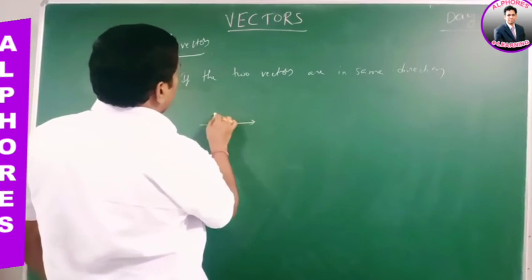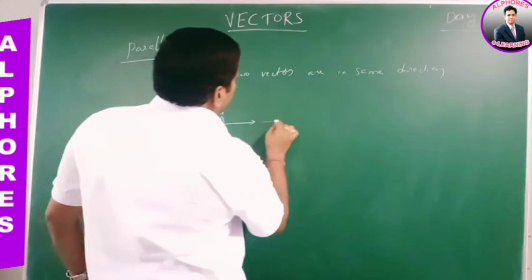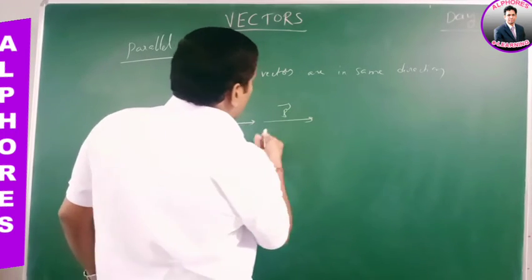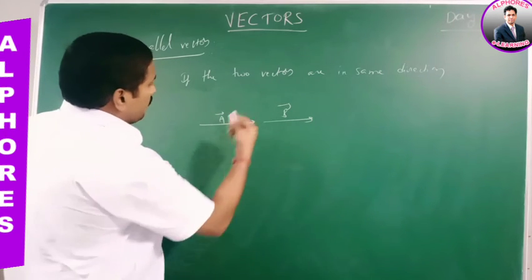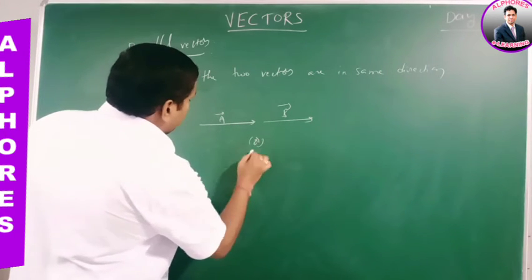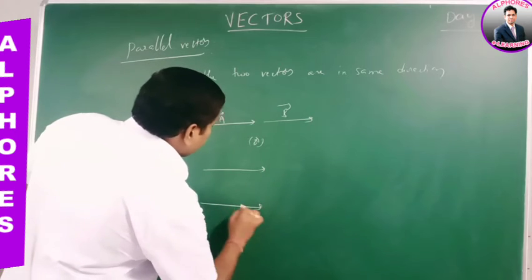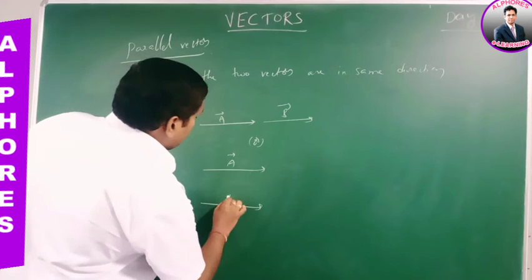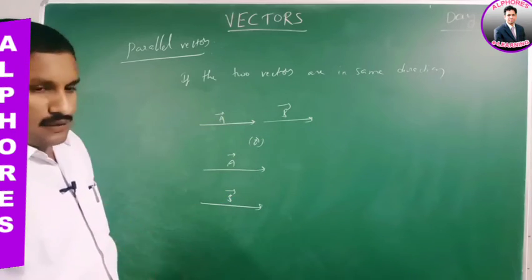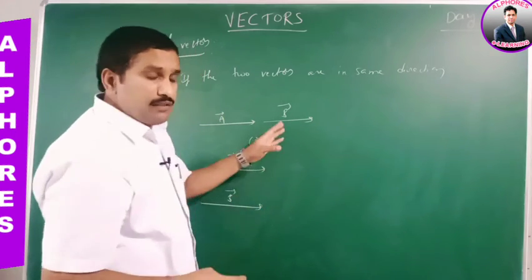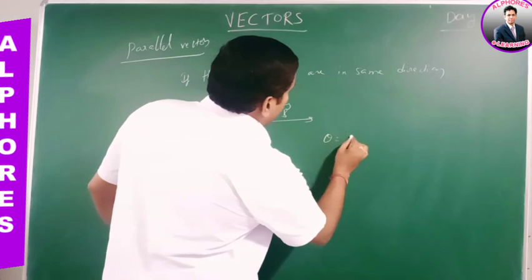Let us say this is A bar, this is B bar. Sometimes these vectors are known as collinear vectors also, or sometimes they can be denoted in this way. Now what is the angle between these two vectors? Theta is equal to 0 degrees.